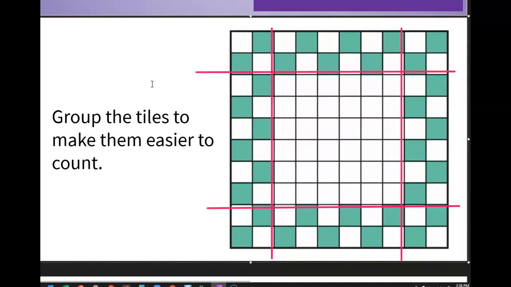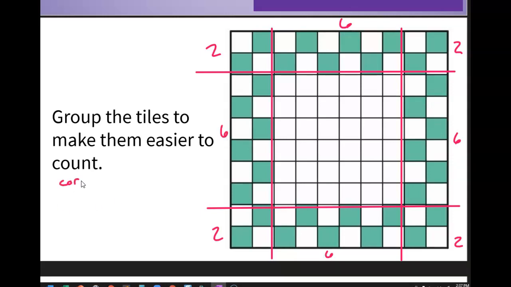So we have our diagram divided up into groups again, and let's take a look at how many we have now. We have 2 in each corner again. The corners look like they stayed the same. And now how many do we have on each symmetrical side? We have 1, 2, 3, 4, 5, 6. 6 up here. This one looks like it's the same, so we have the same side all the way around.